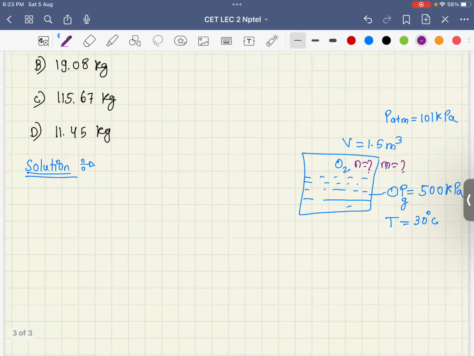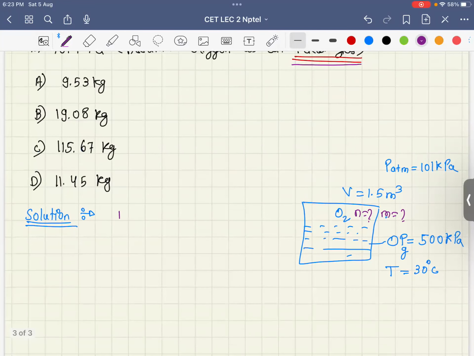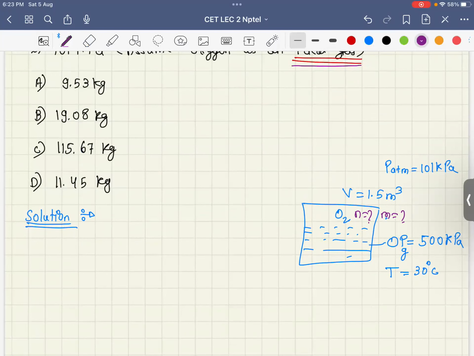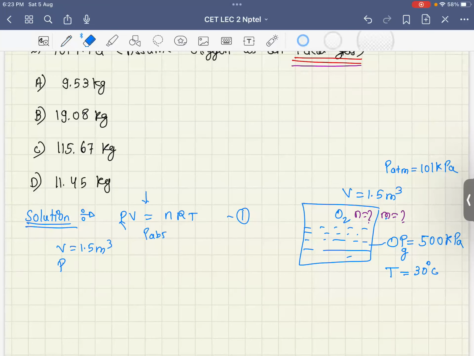So the first thing which pops up in our mind whenever we say ideal gas is the ideal gas equation, PV equals nRT, right? So this is equation number one. We are already given V as 1.5 meter cube. But in this expression, the pressure which we want is P absolute, right? What is the relationship between absolute pressure and gauge pressure?